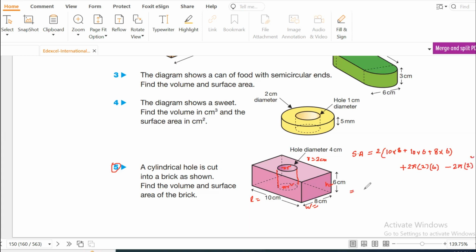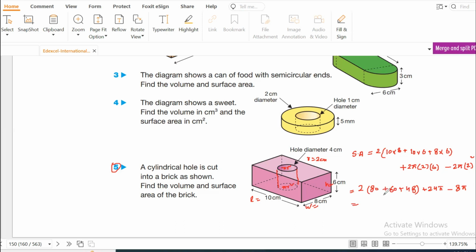Now we will try to simplify. This is 2 bracket open, 10 multiplied by 8 is 80, 10 multiplied by 6 is 60, 8 multiplied by 6 is 48. And here we have 6 multiplied by 2 is 12, multiplied by 2 is 24 pi, and here we have 2 twos are 4, 4 multiplied by 2 is 8 pi. After this you can check in the calculator as well.